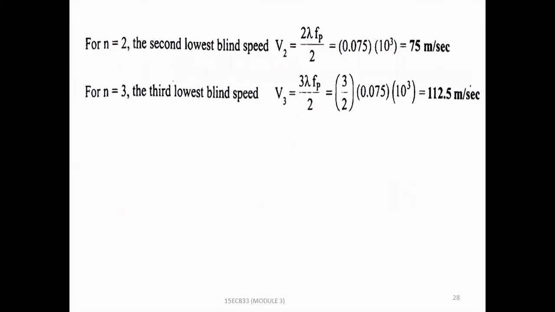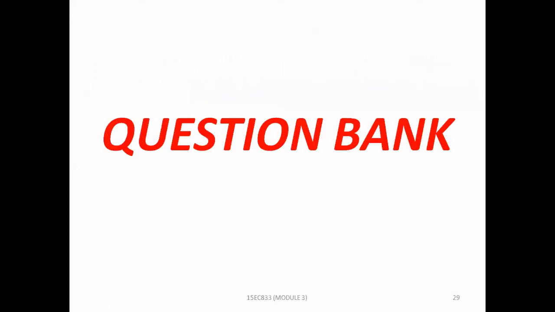For n equal to 2, the second lowest blind speed is V2 equal to 2 lambda Fp by 2 equal to 0.075 into 10 power 3 equal to 75 meters per second. For n equal to 3, the third lowest blind speed V3 equal to 3 lambda Fp by 2 equal to 3 by 2 into 0.075 into 10 power 3 equal to 112.5 meters per second.